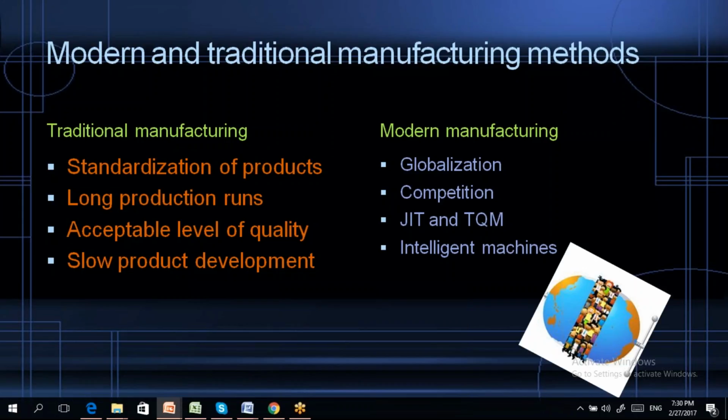And we have this concept of what we call just-in-time and total quality management. What is just-in-time? It is to produce or buy the products as and when the customer requires. It's not that we produce while keeping zero inventory.